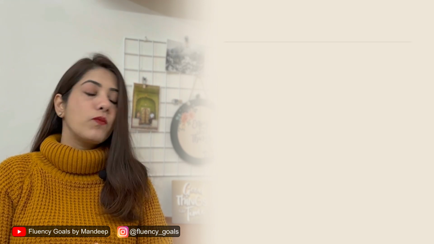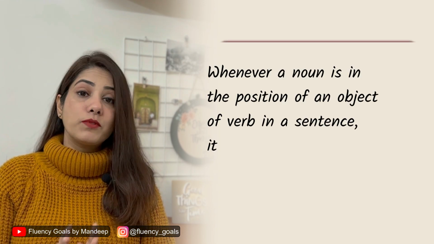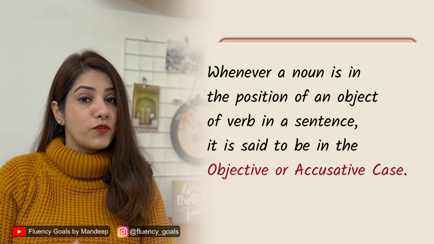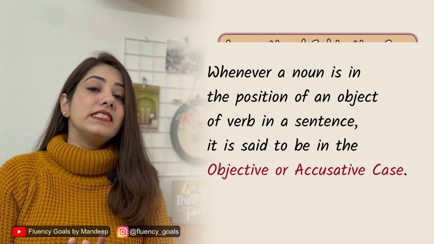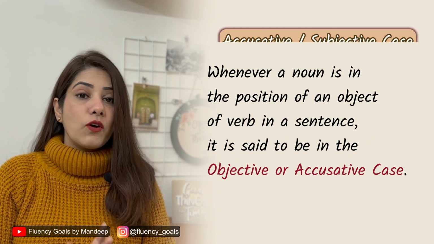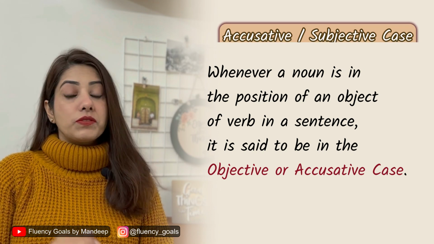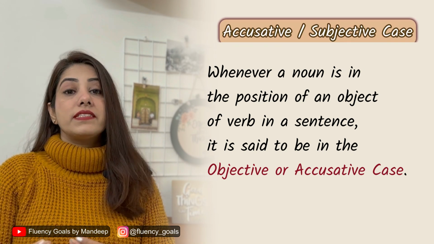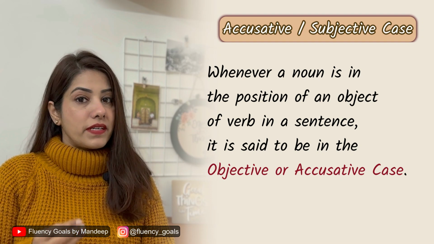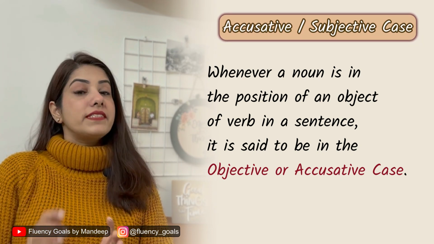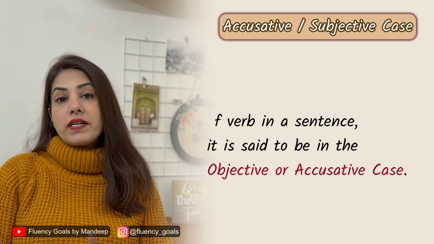Moving on to the accusative or objective case. Now, whenever a noun is in the position of an object of verb in a sentence, it is in the objective or accusative case. So this noun experiences the action being done by the subject. Now, this action can be experienced by the noun if it's in the object position, right?